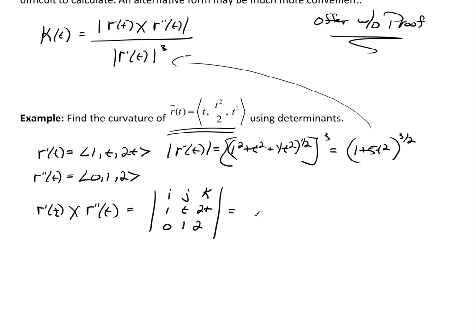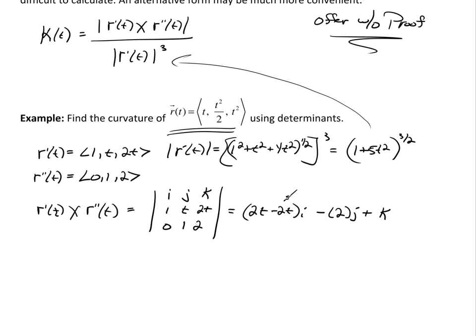So if I work out this determinant, I'm going to have 2t minus 2t i, minus, j is going to be 1 times 2, which is 2, 0 times 2t, that's minus 0, so that's just going to be 2j. Plus k is going to be 1 times 1, which is just 1, minus 0. So this is just going to be plus k.